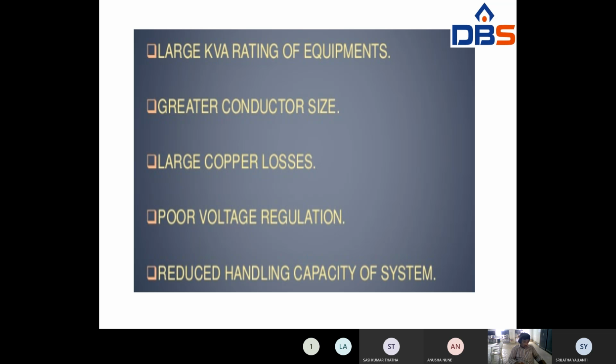Hence, in a system having low power factor, when transmitting a fixed amount of power at a constant voltage, the conductors have to carry a large amount of current, so they require a large cross sectional area. When the conductor size is large, its cross sectional area is also large. When the cross sectional area increases, the conducting material used increases. That means cost increases, right?